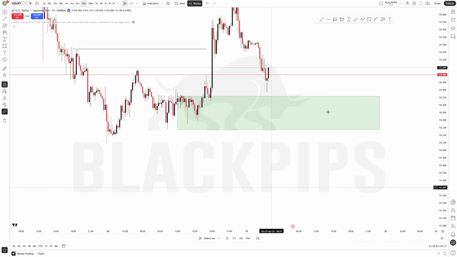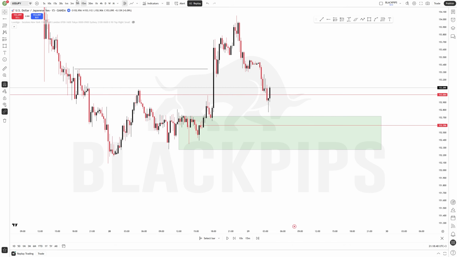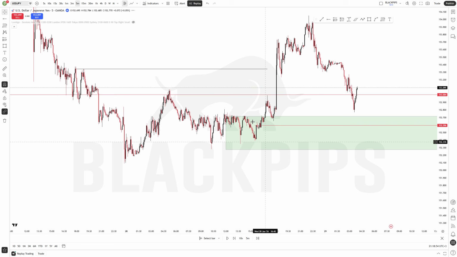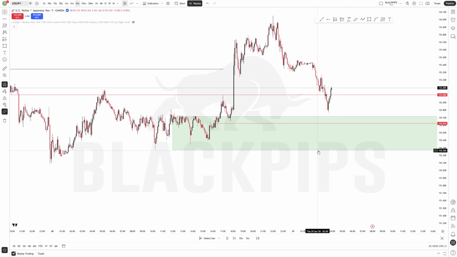And what I see is that we were having this inside formation here, and after having that one, if you go back to the 5 minutes time frame, you can see that formation was already taken, and the following was not yet taken.